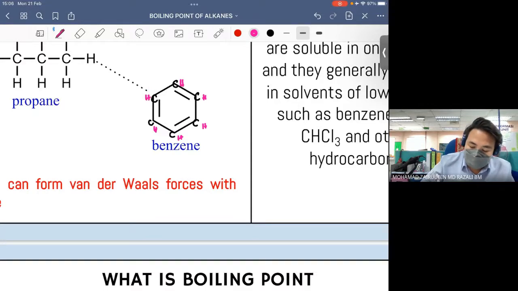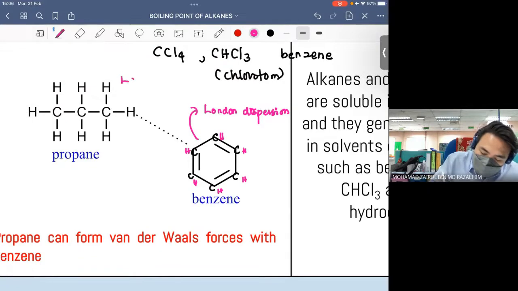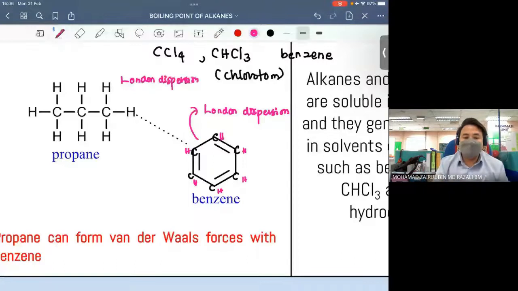So kalau non-polar, dia akan ada London dispersion forces. Same goes with propane. Propane ni juga, since dia only made up of carbon-carbon and carbon-hydrogen bond, so dia juga ada London dispersion forces. So same intermolecular forces. So that means dia boleh dissolve antara satu sama lain. Nak tahu dia dissolve memang senang je. Kita gunakan konsep like dissolve like.